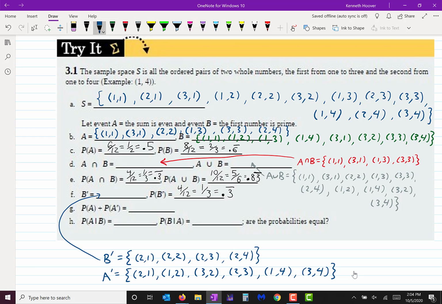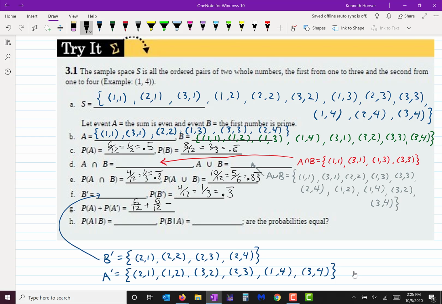So now look at question G. It says, what's the probability of A? Well, we already found that was 1/2. Let's actually write 6/12. And then it says plus the probability of A complement. That would also be 6/12. So we add those together, what do we get?